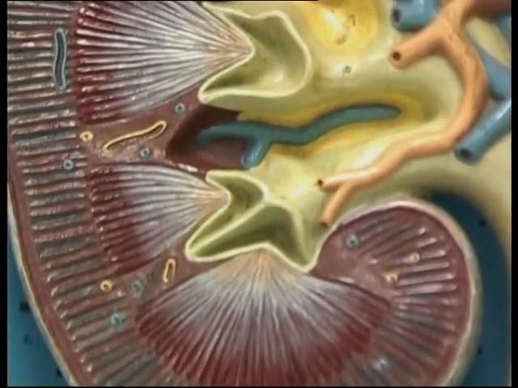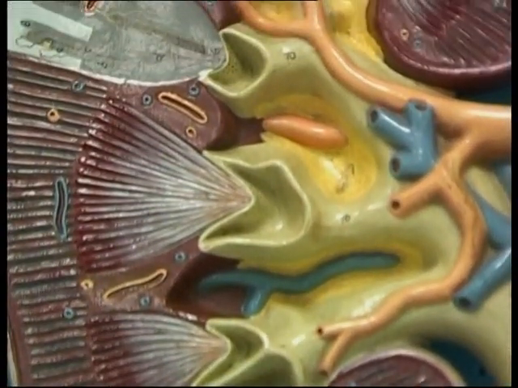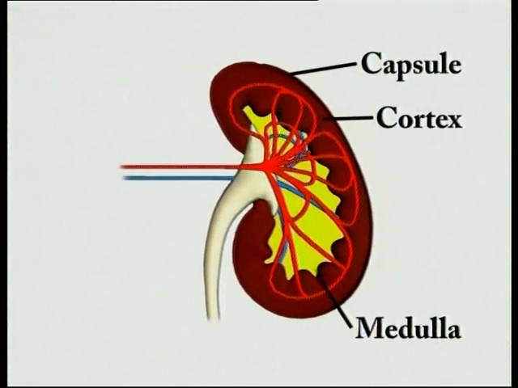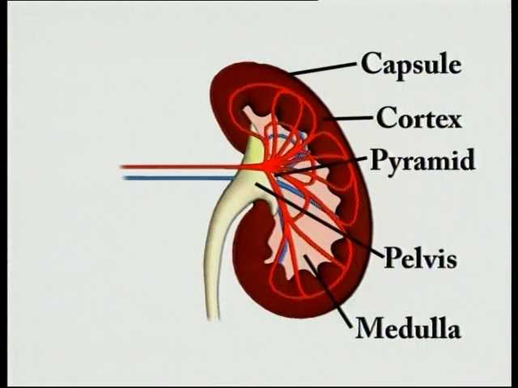The cortex is 1/3 the size of the kidney. Second, the medulla is the thicker part of the kidney. It is lighter in color, pale red. The inner boundary of the medulla forms several pyramids which open into a sac-like cavity called the pelvis.